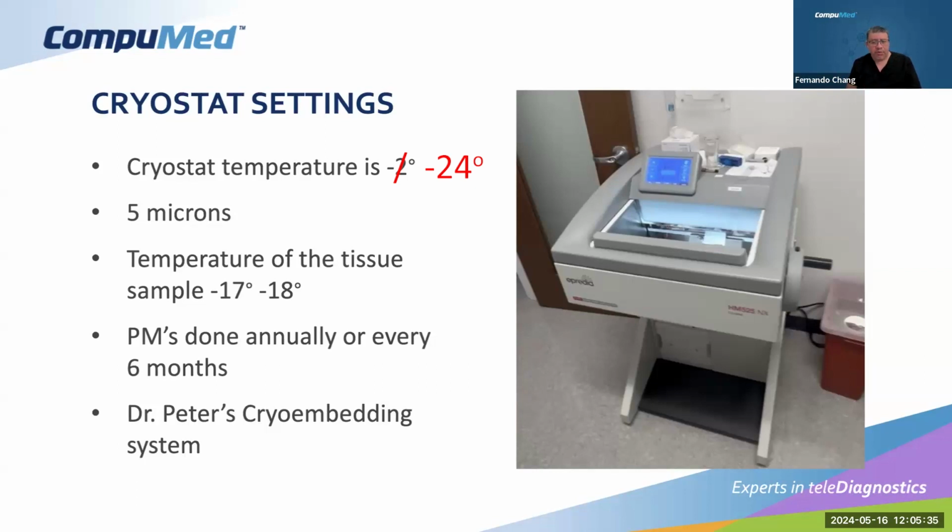Having set up this temperature, it will prevent ice formation and will help us. And if we have this process standardized, we're all going to be facing more or less the exact same temperature.